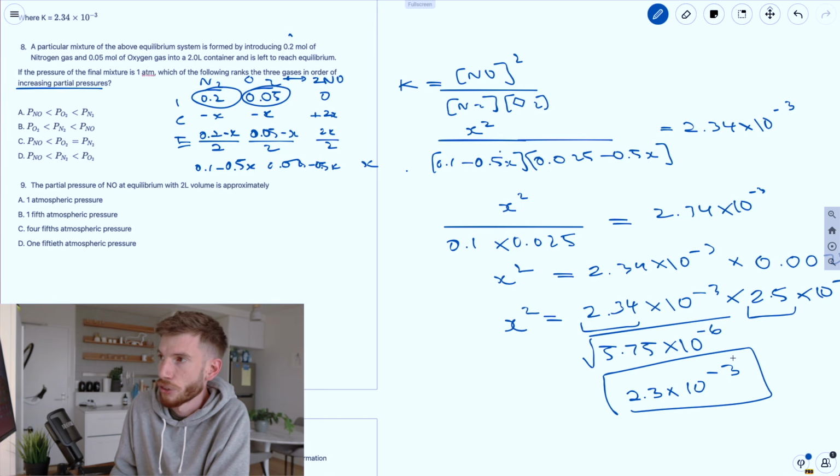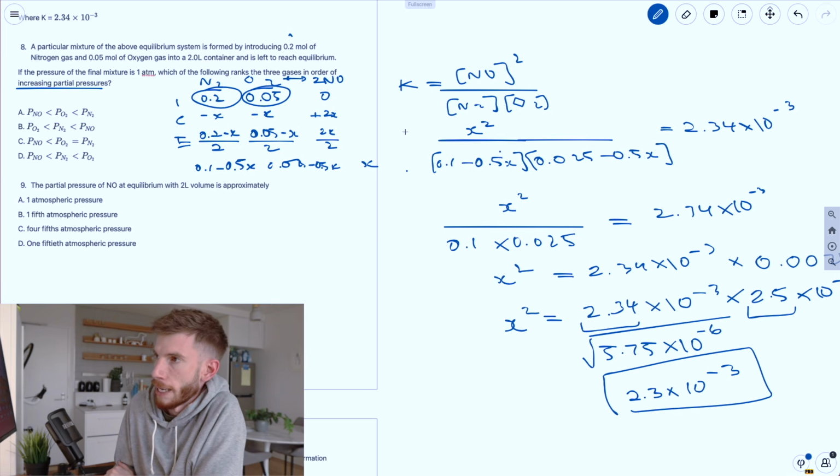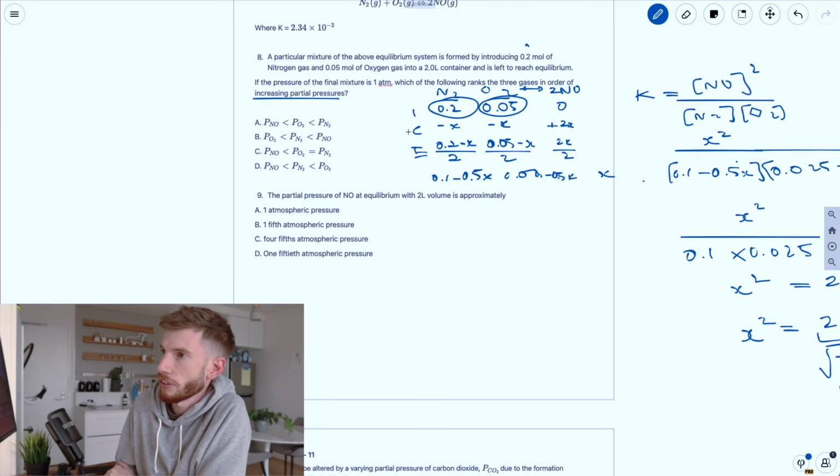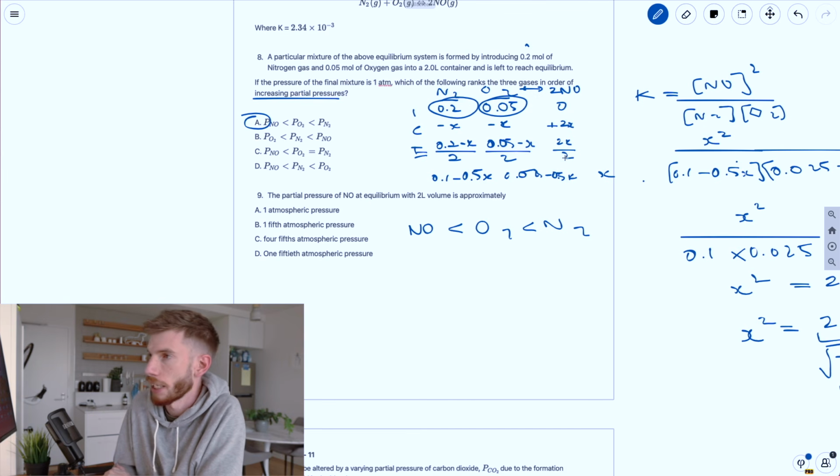It's going to be 2 times this amount, which is still going to be way, way smaller. So overall the NO is going to be the smallest. After that, the next smallest is the O2, and then lastly the N2. That's by number of moles, but because it's proportional to the partial pressure, this would rank the partial pressures as well. So therefore, the partial pressure answer would be A.